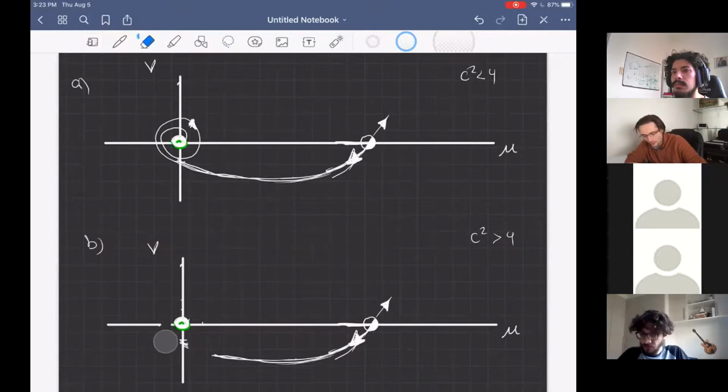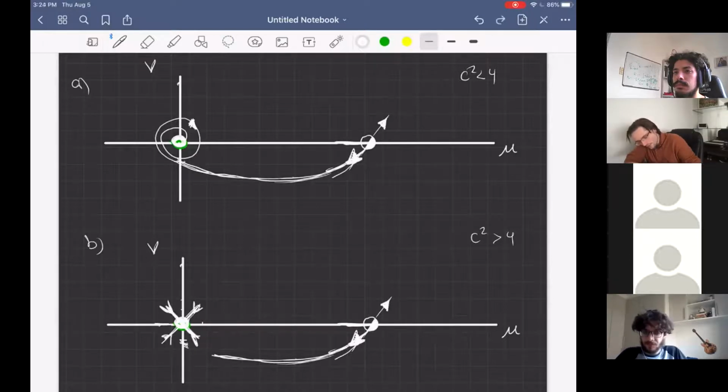I don't have a stable spiral here. Instead, what I have is a stable node that is always attractive. So basically, this solution that was leaving from 1, 0 to 0, 0 now goes all the way to the fixed point.